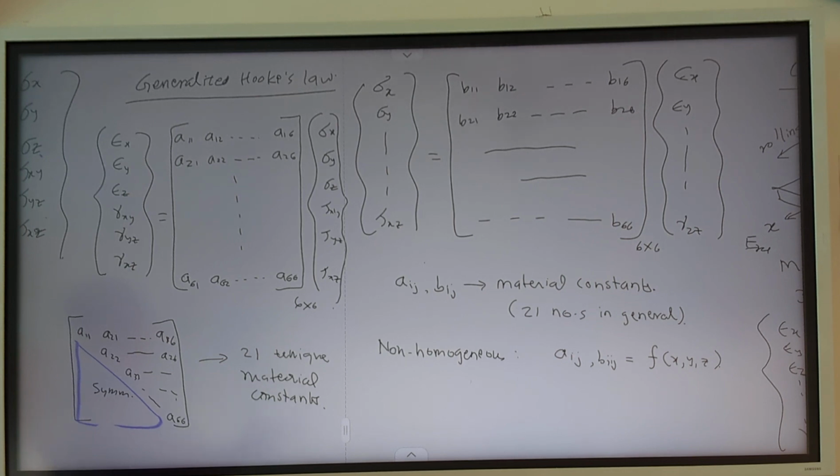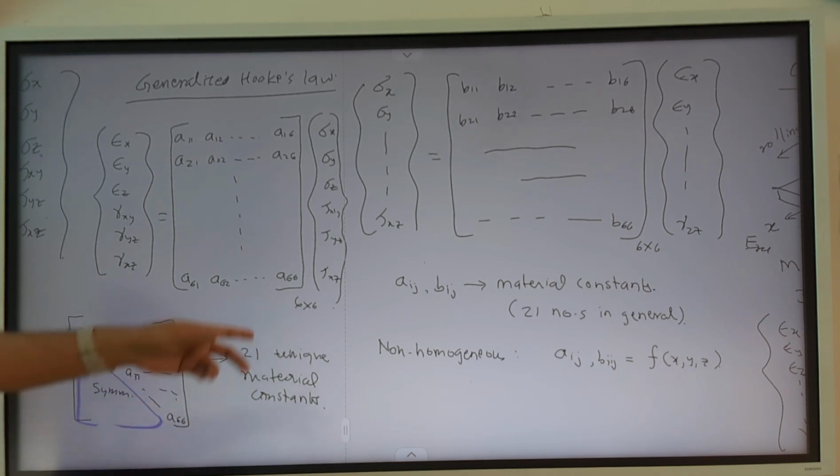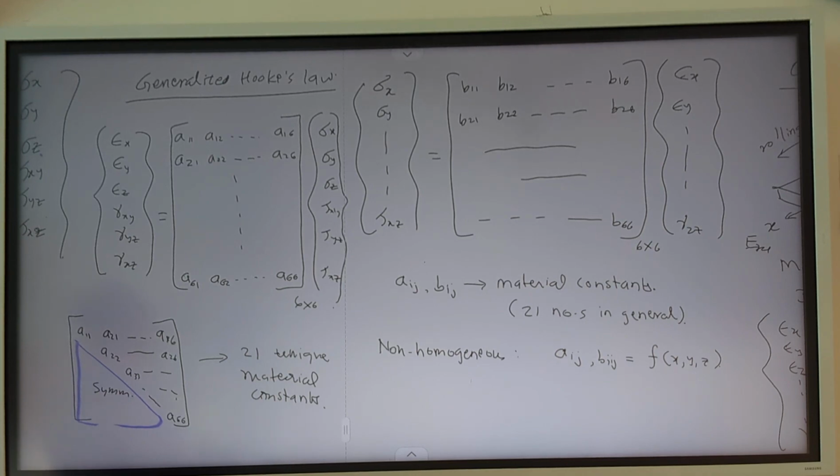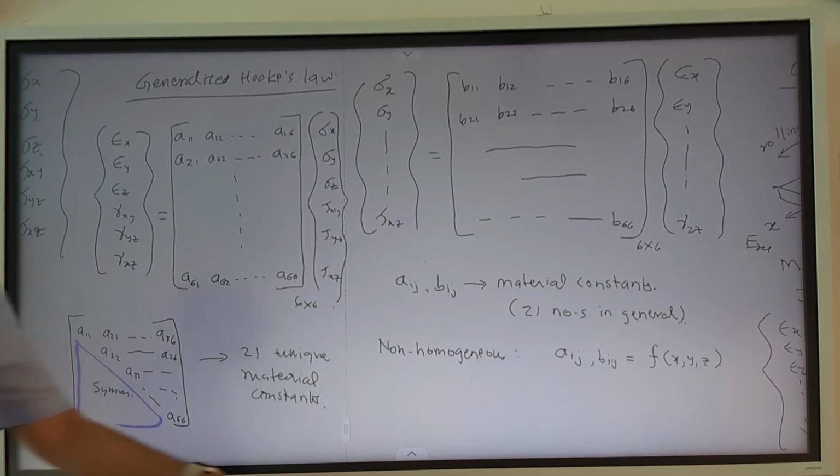In general, the most complex form of the material, where it is not isotropic and not linear, you will have a total of 21 constants in order to fully define this particular material.